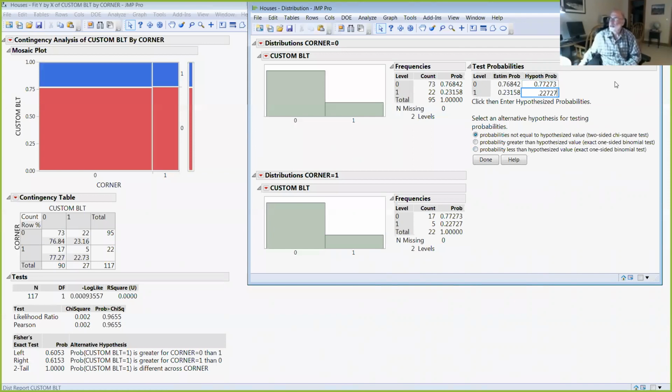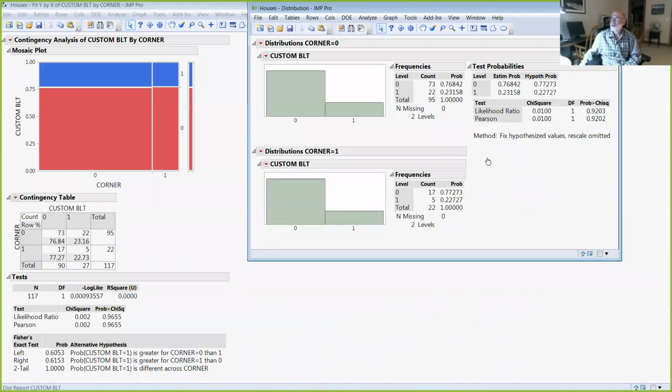I'm just taking the probabilities from the corner houses and saying, for this sample of non-corner houses, could those be the true fractions of houses that are custom built and non-custom built? And the p-value is pretty high, 0.92, not exactly the same numbers you get here. This is technically not exactly the right test to do, but it's the right idea.